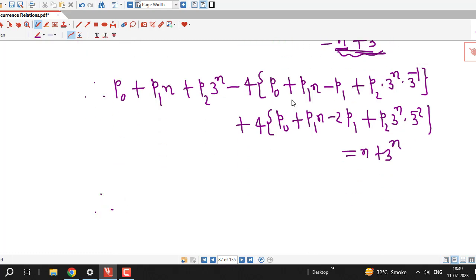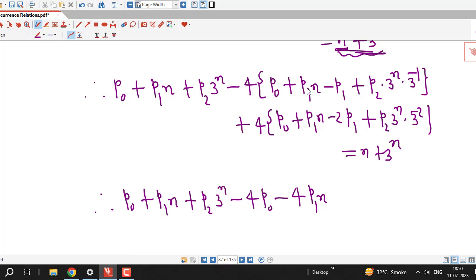Therefore now we expand these brackets: P0 plus P1 into n plus P2 into 3 raised to n, and minus 4 times P0 minus 4 times P1n plus 4 times P1, and here I have P2 3 raised to n divided by 3, and due to the minus sign I have minus 4 P2 3 raised to n divided by 3.